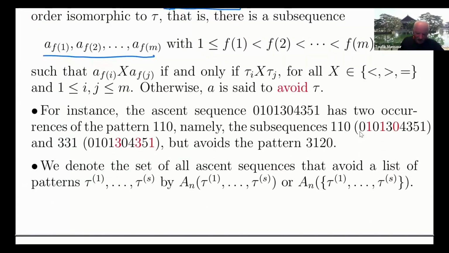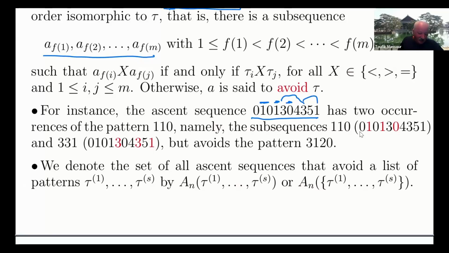And here in the example, the sequence 0, 1, 0, 1, 3, 0, 4, 3, 5, 1 has occurrences of 1, 1, 0, where I can see 1, 1, 0, for example, or 3, 3, 1. So it's the same order: 3 equals 3, and 3 is greater than 1.